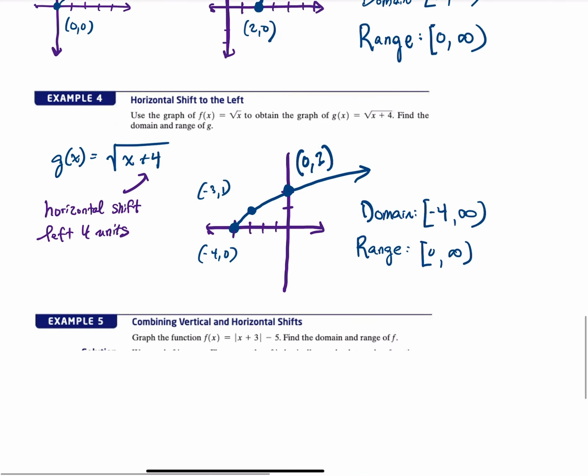All right, let's combine it all together. Now we're looking at, let me write out the function, the absolute value of x plus 3 minus 5. The first thing I want to identify is what's the parent function. I see the absolute value, so we should be starting with a base function of the absolute value of x. And then what's happened to it?